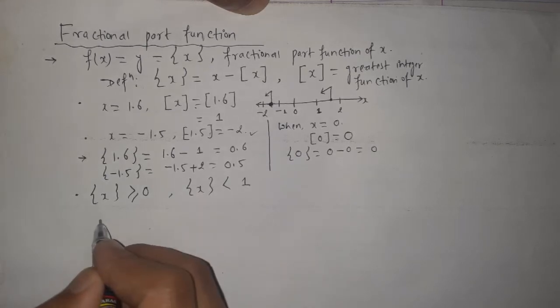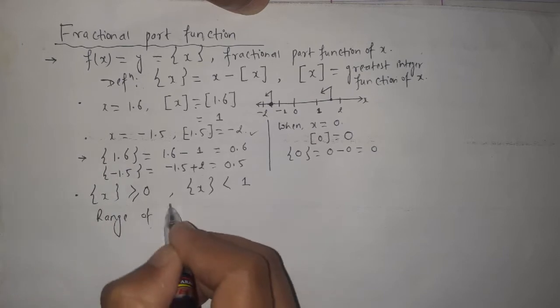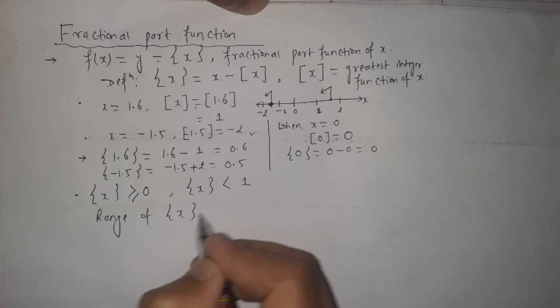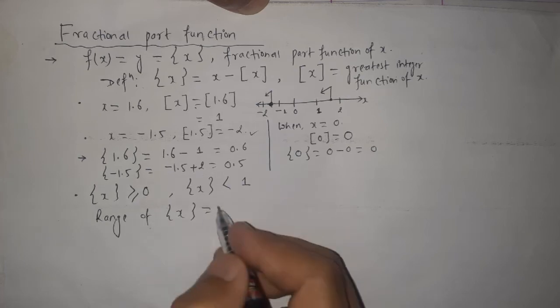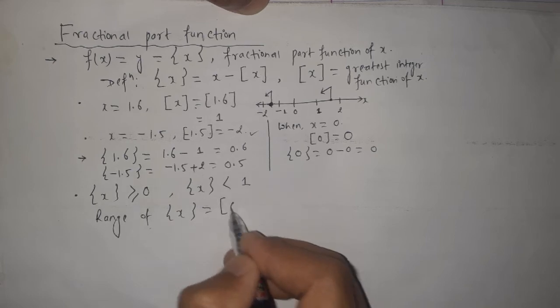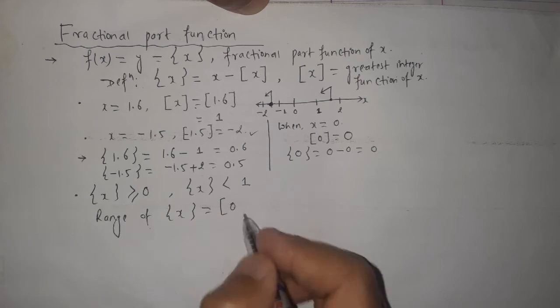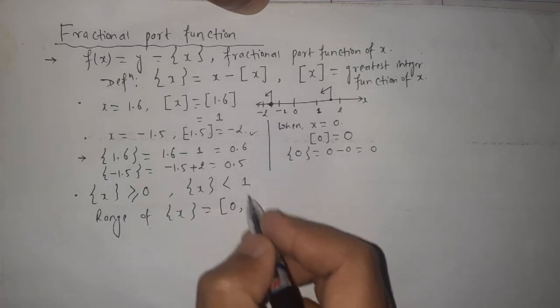So we can conclude that the range of the fractional part function is, in interval form, 0 included, comma, 1 not included.